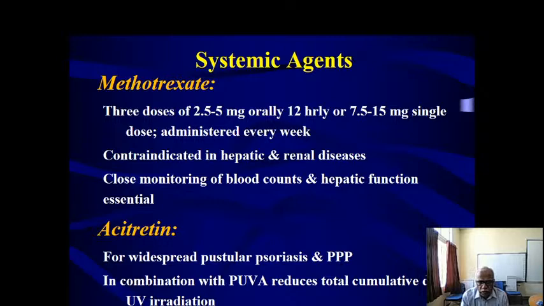Acitretin is a retinoid, oral acitretin is available at a dose of 25 milligrams. It's a very good drug for pustular psoriasis as well as palmoplantar psoriasis. Acitretin is contraindicated in the child-bearing age group.